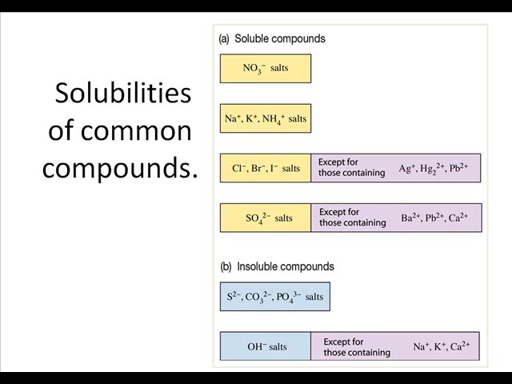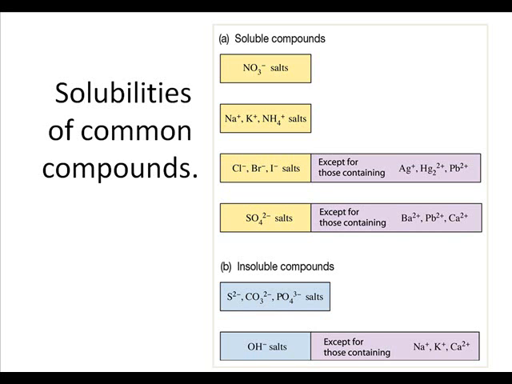Anything that has nitrate in it, NO3 minus, is going to be soluble. It's not going to form a solid. If you have any compound that has Na, K, NH4, it's going to dissolve. It will not form a solid.